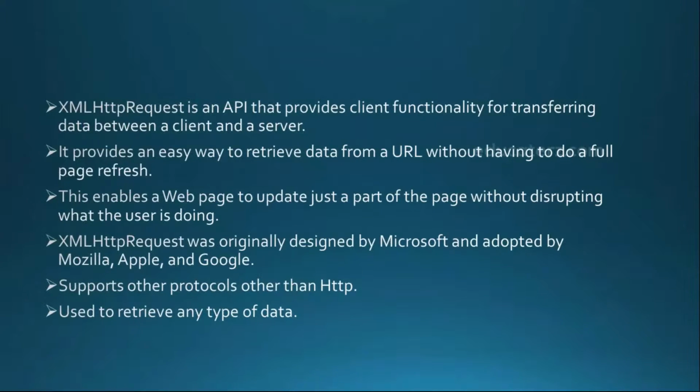It provides an easy way to retrieve data from a URL without having to do a full page refresh. So this is one of the advantages of using the XML HTTP request. Without distracting the user from the page and without reloading the page, we can fetch the data from the server and then just post it back to the web page.